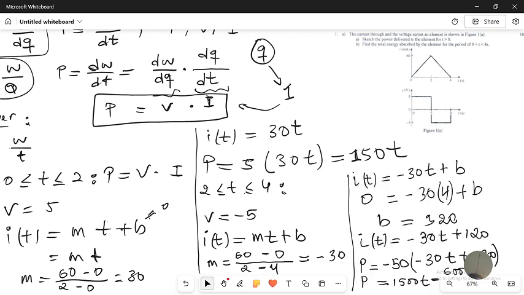Now I have found the value of p from 0 to 2, and I have found the value of p from 2 to 4. Now I will go and sketch it.